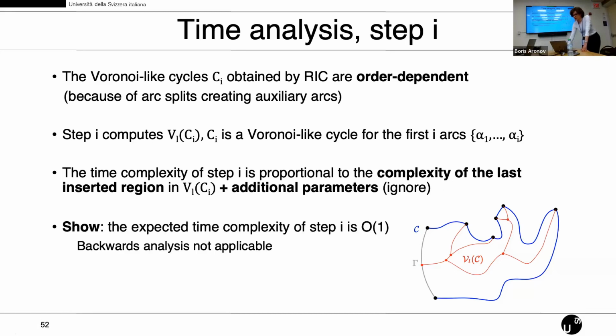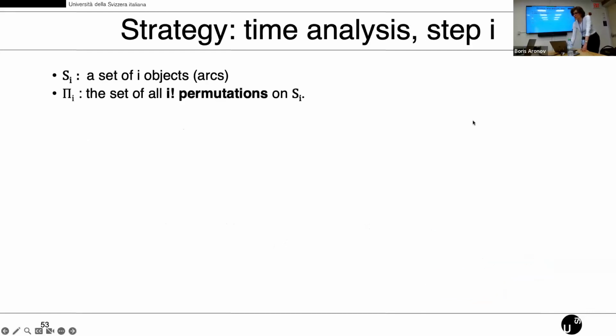We want to show that the expected time complexity of step i is order 1. However, the standard backwards analysis is not applicable here. So I'll show a different way of doing this that applies to order dependent structures.